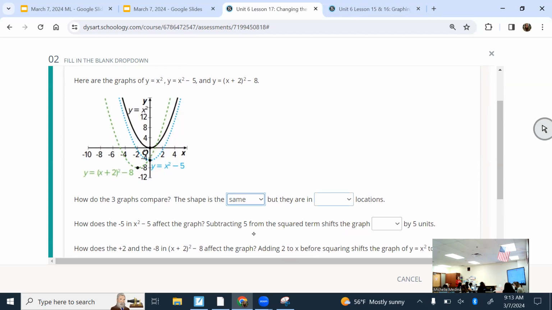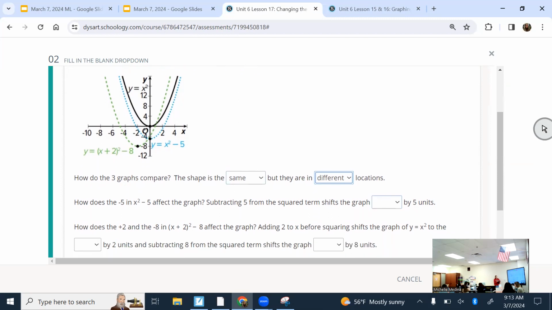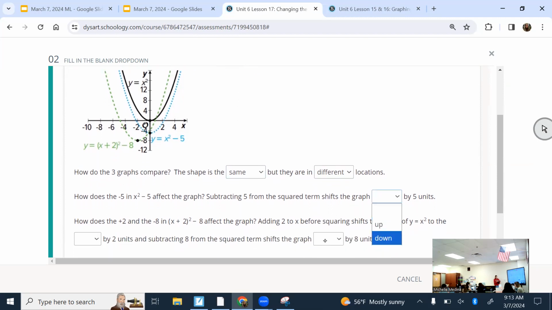So the shape is the same, but they're all in different locations. How does the -5 in x squared minus 5 affect the graph? Subtracting 5 from the square term shifts the graph in what direction? Down, good. We learned that in yesterday's lesson for the first time, but yes, it would.